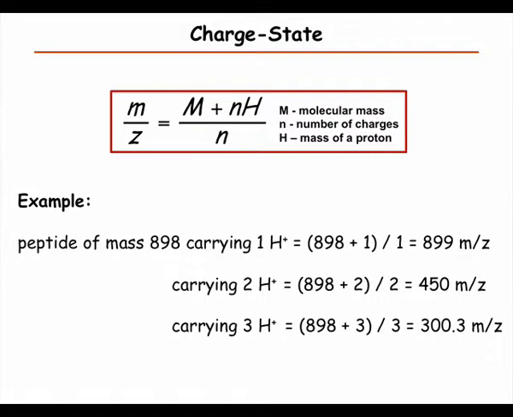So just a simple calculation would be, let's say we have a peptide mass of 898. So the 1 plus will be 899. So we add 1 and divide by 1. And then 2 plus will be 450 because we add 2 and divide by 2, and so on.